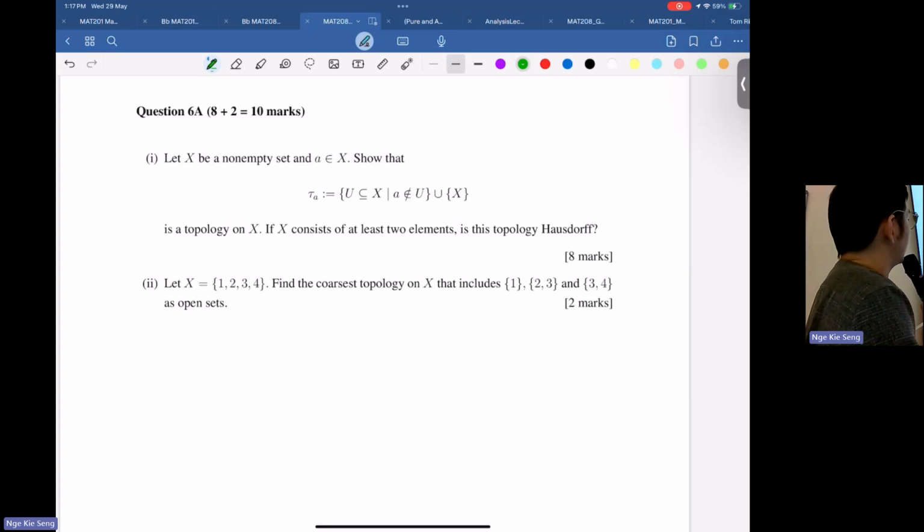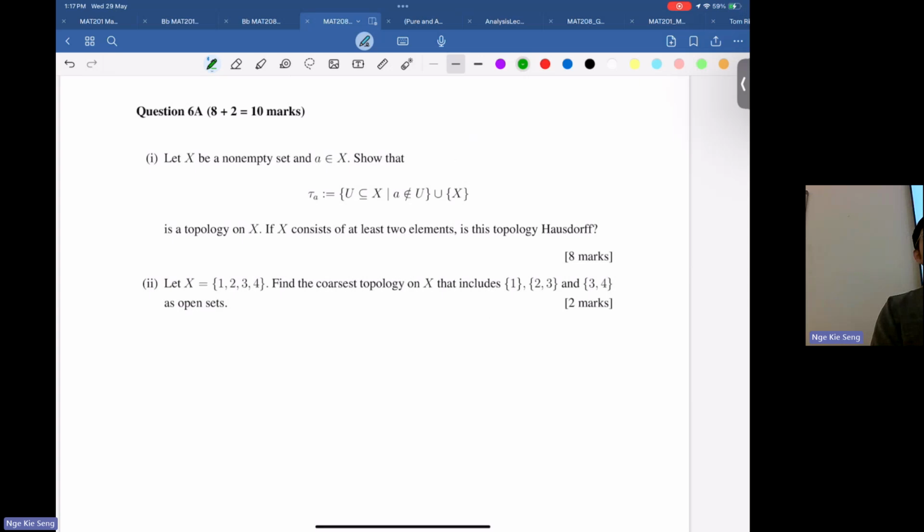And then second, I ask you to find the closest topology on X that includes these open sets. For the first question, I think most of you did it okay. You know what to check: arbitrary union is open, and the empty set and the whole set are open. Yes, correct.